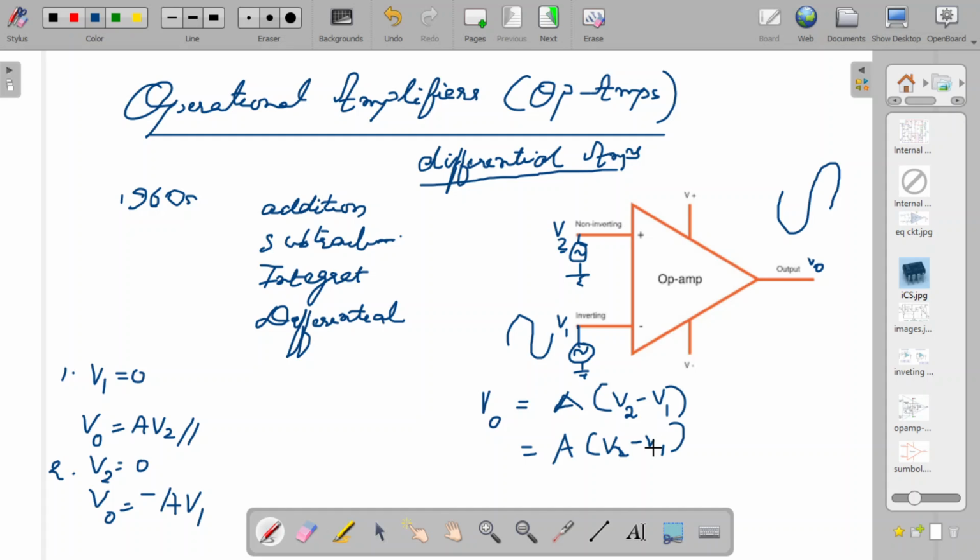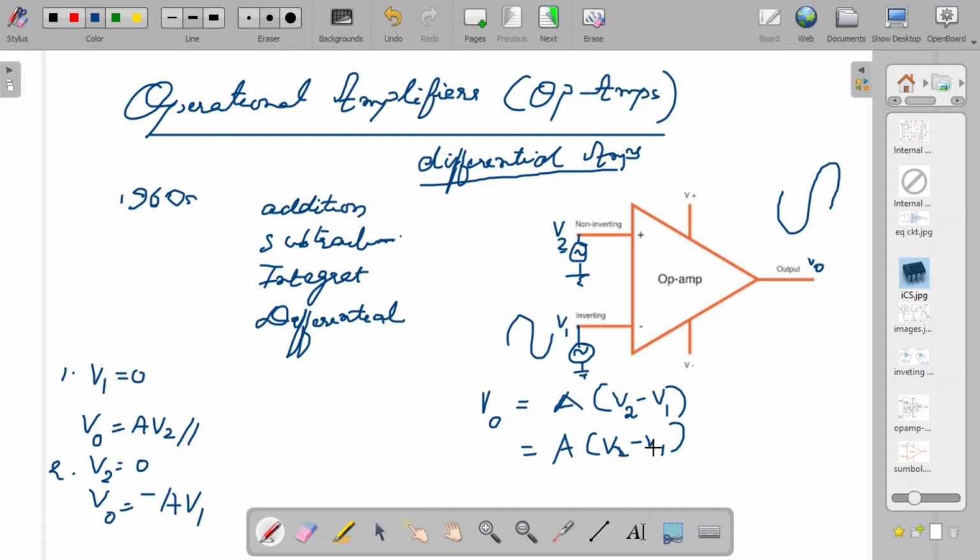So this is how basically an operational amplifier works, and we basically mean this to amplify the difference of the voltages at V1 and V2. Depending upon the mode of operation, it can be connected in a non-inverting mode, giving signal only at the non-inverting terminal and keeping the inverting terminal grounded, or we can use it in the inverting mode, giving signal only at the inverting terminal.